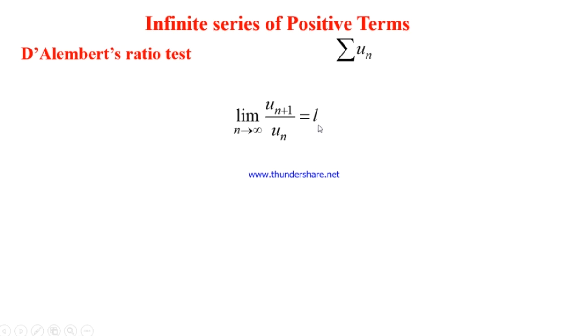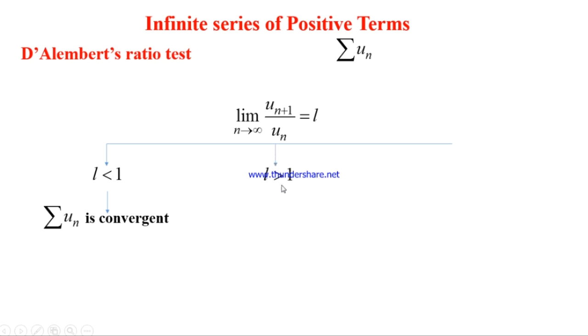Let it be equal to L, and we claim if L is less than 1, the infinite series is convergent. If L is greater than 1, the given infinite series is divergent. And if L is equal to 1, we claim the ratio test fails to determine the nature. Now let me get into the problems.